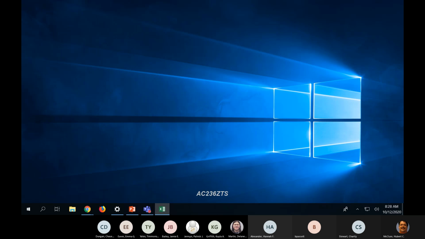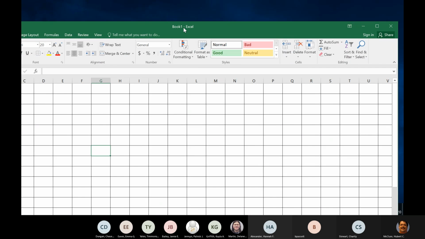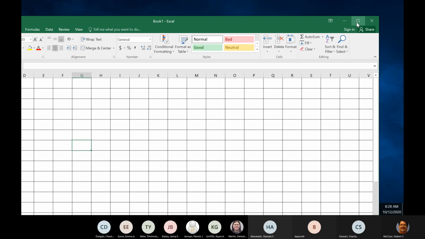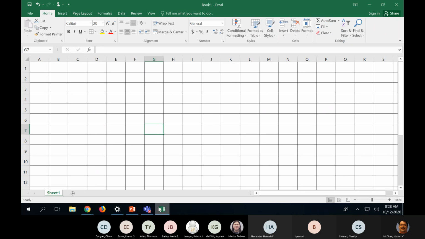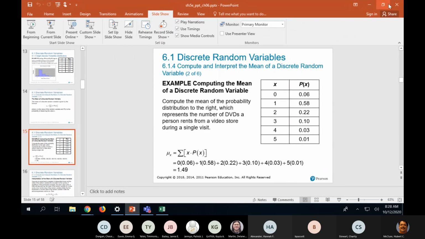I need to make everything a little bit more visible to y'all. There we go. And move that over here. And pull up the handy dandy publisher and make it smaller.